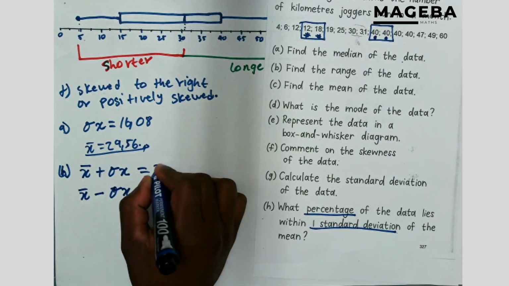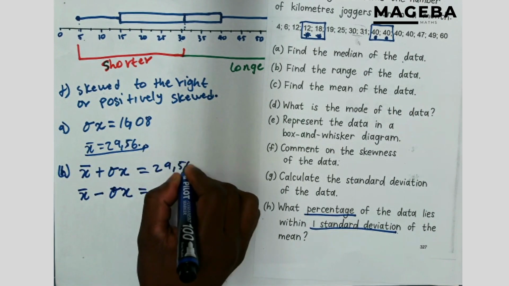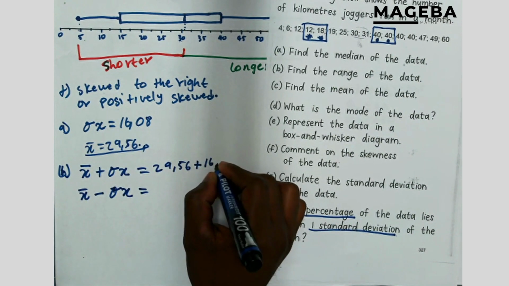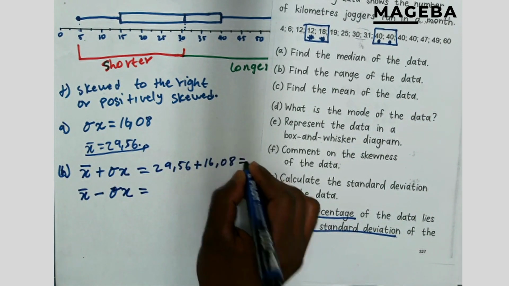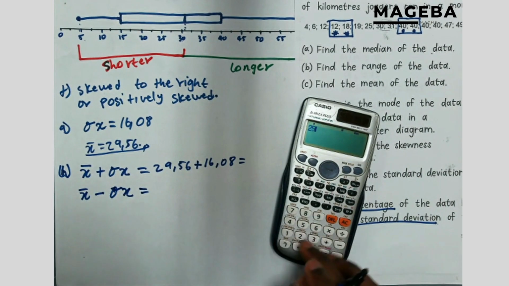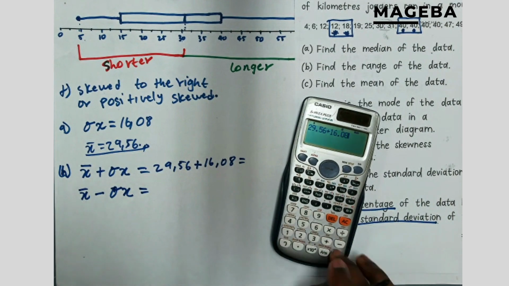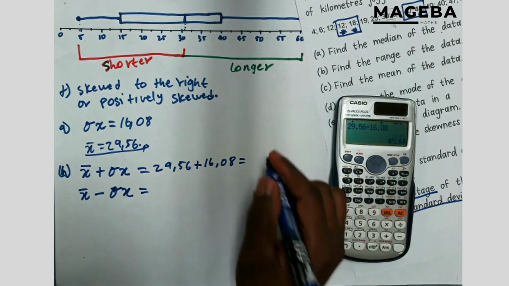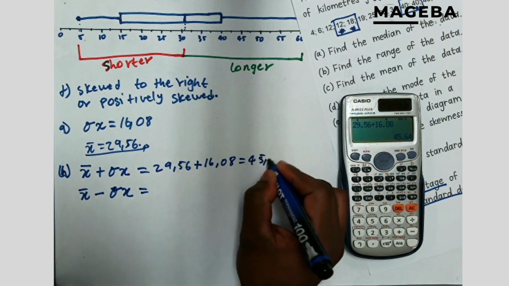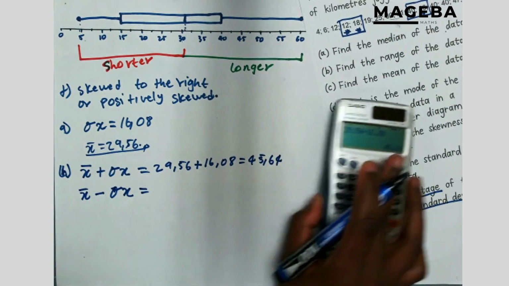My mean here is 29.56, plus my standard deviation, which is 16.08. If I calculate here, 29.56 plus 16.08, I found 45.64.